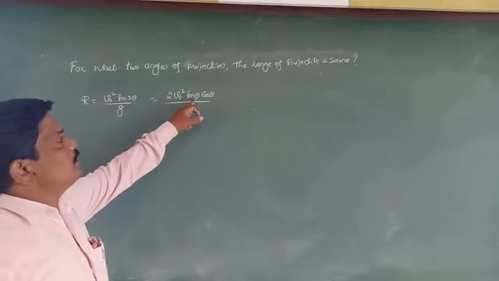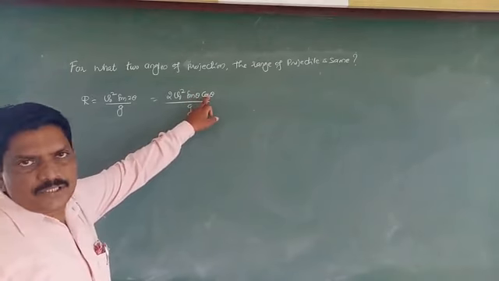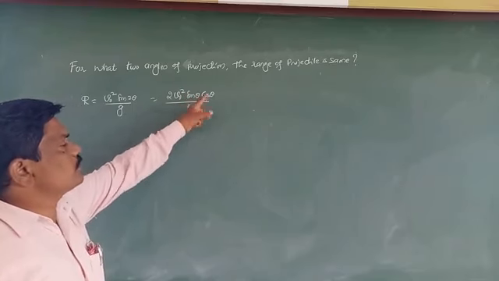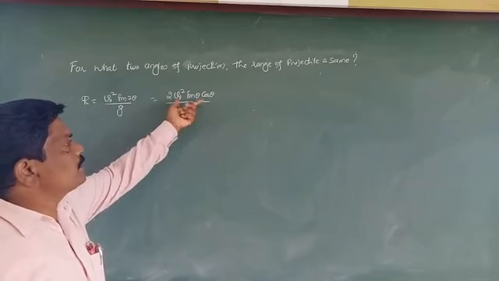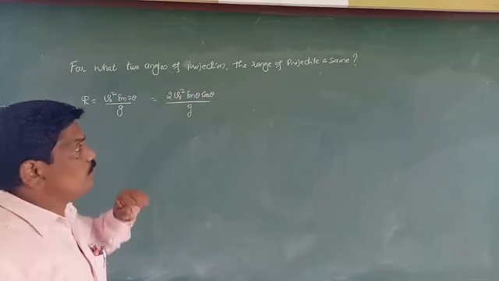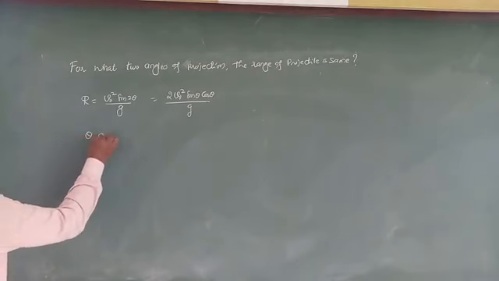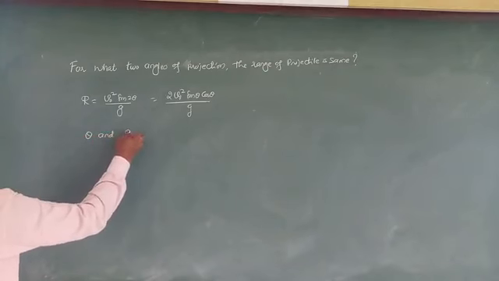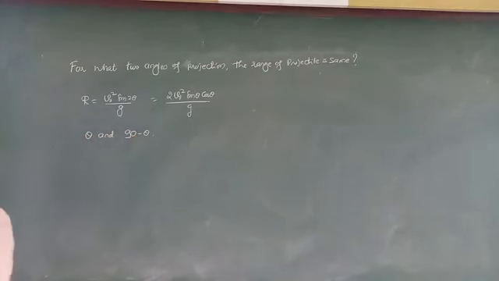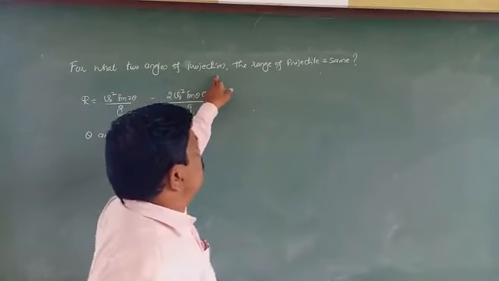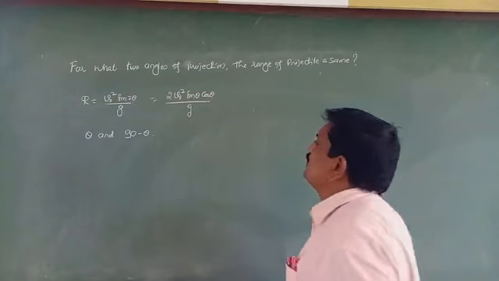Just by interchanging theta with 90 minus theta, the sine function becomes cos and the cos function becomes sine, and again we get the same expression. Therefore theta and 90 minus theta are the two angles of projection that give the same range.